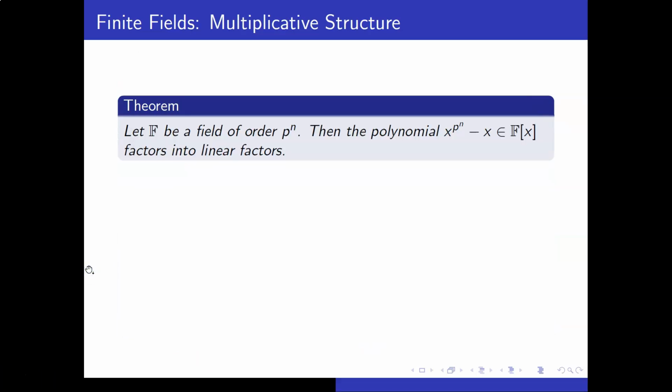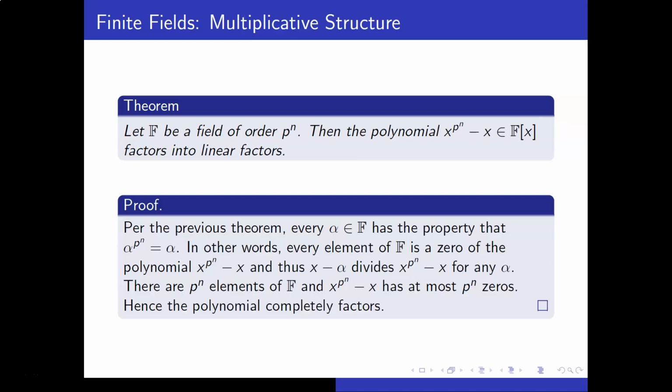All right, so continuing on, if we take this polynomial, x to the p to the n minus x, inside a field of order p to the n, then it's going to factor, and moreover, it's going to factor into all linear terms. All right, so this is pretty straightforward.